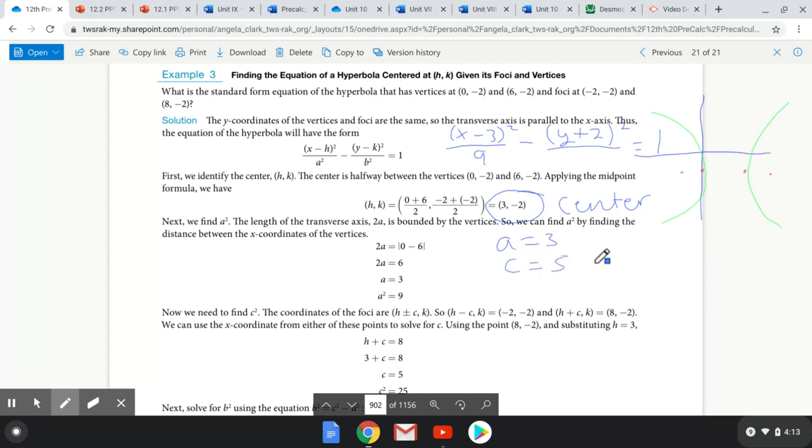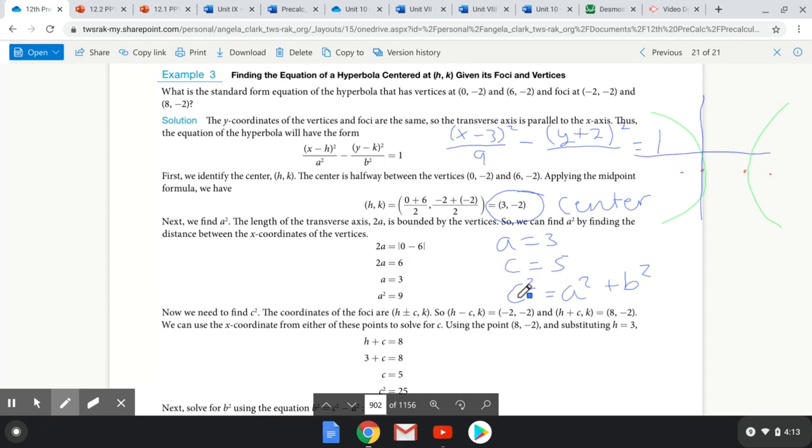And I can use that information to find b. So remember that the relationship between a, b, and c is Pythagorean, and for a hyperbola, c is the hypotenuse. With the ellipses, a was the hypotenuse.